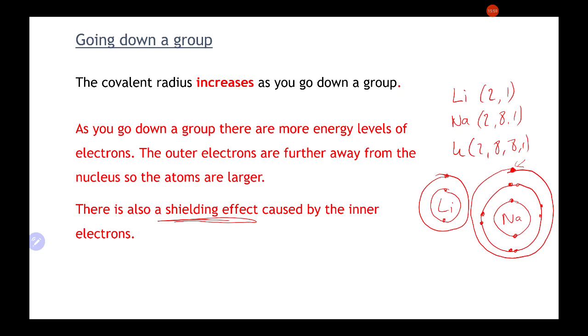So therefore we're going to have a weaker hold on these outer electrons. Back in National 5, when you were talking about bonding, you know that that sodium atom is quite likely to give that electron away to a non-metal to form an ionic bond. So that's the reason for that. It's just more weakly held than the other electrons in the atom.